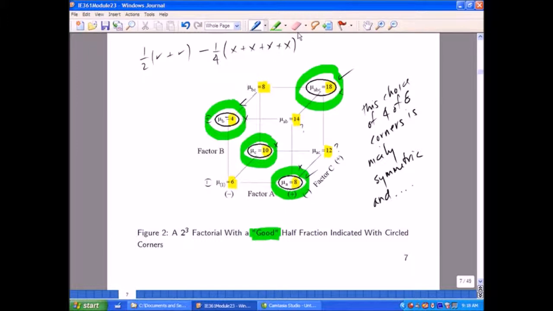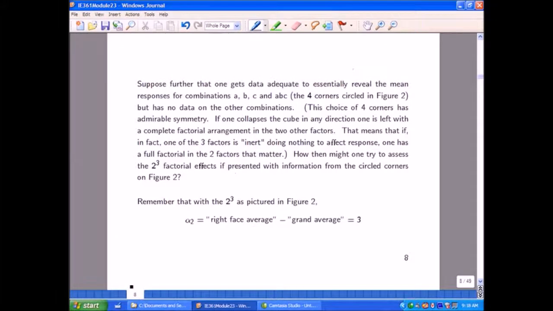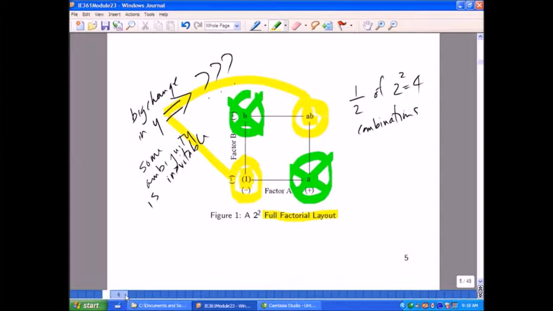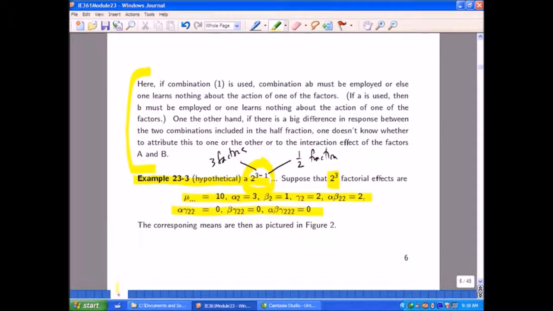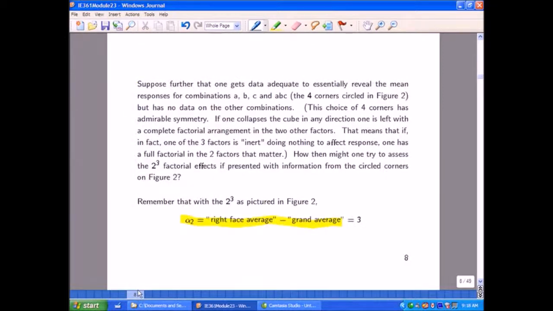That is, I might try, as a way to get at an A main effect, to say to myself that the real main effect is a right face average minus a grand average. I've set this thing up so that this value for the A main effect is 3.